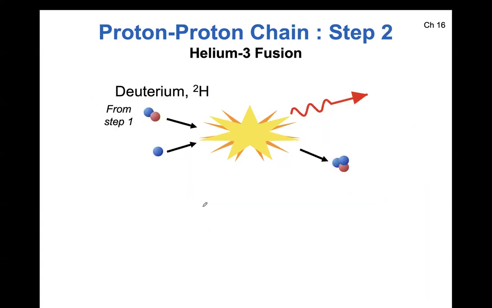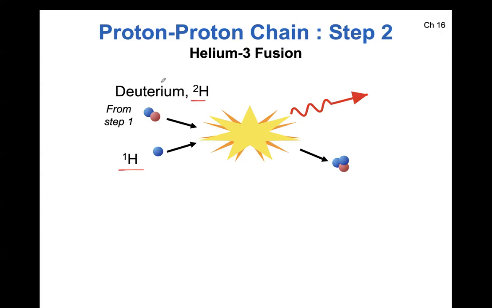Okay, so finally, moving on to step 2. In step 2, we go back to the main chain, all right? And now we're looking at the product of step 1, which is deuterium. Remember, that's an isotope of hydrogen. What happens is the deuterium is now going to combine with a standard hydrogen, a hydrogen 1, otherwise known as a proton.